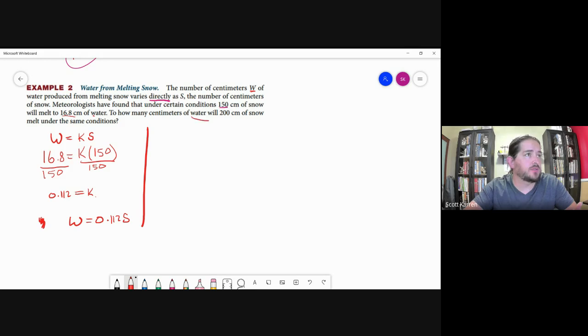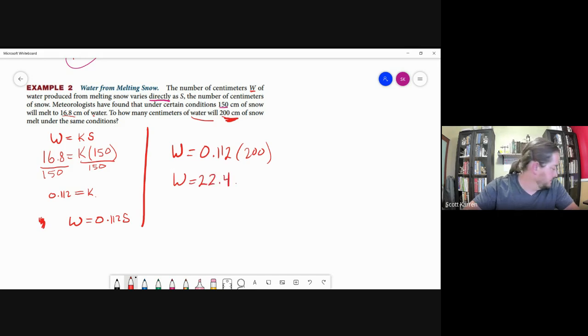How many centimeters of water will 200 centimeters of snow produce? I just plug in 200 and multiply the two, and this gives me 22.4 centimeters of water. And that's our direct variation.